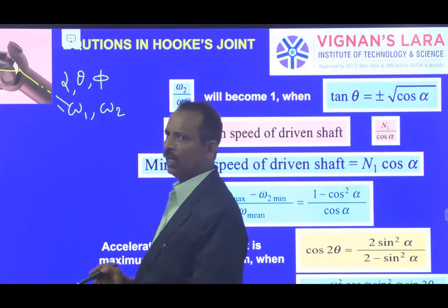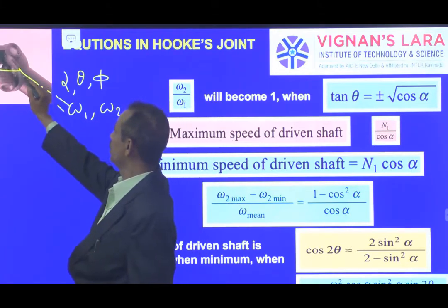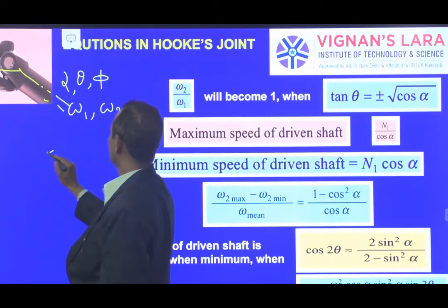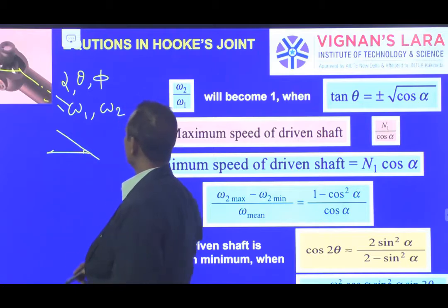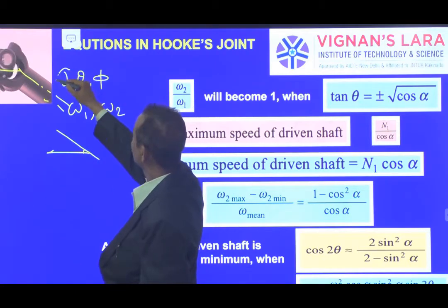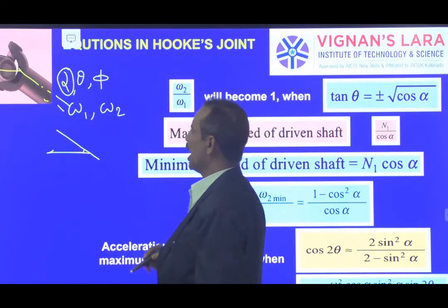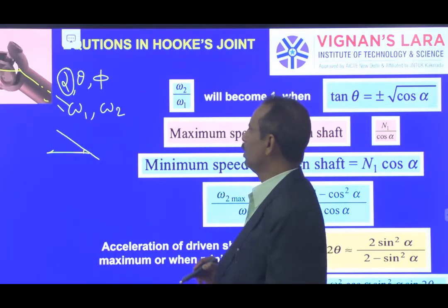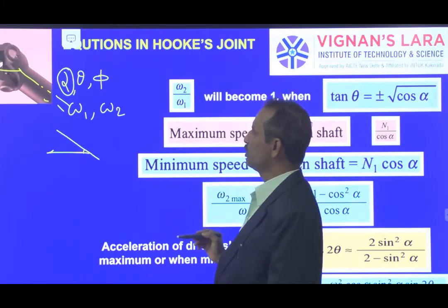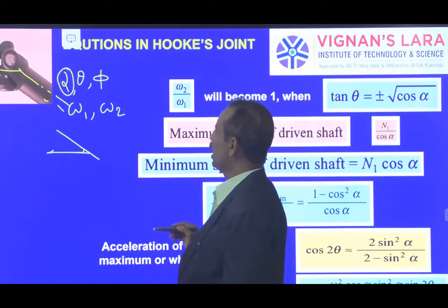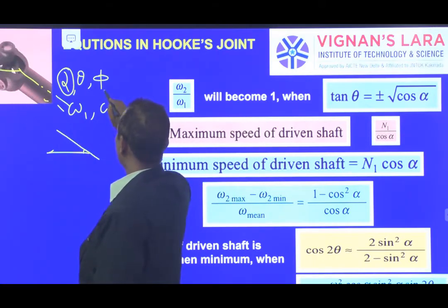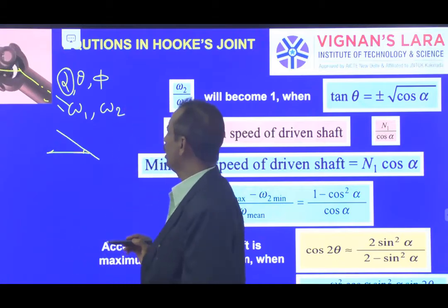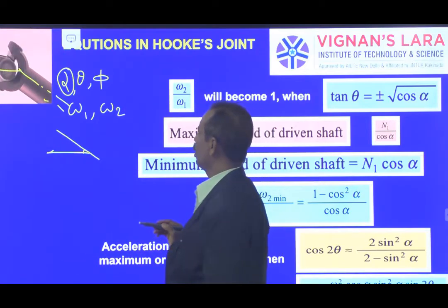This angle of inclination between these two shafts is called alpha. Then what is theta, what is phi? Theta is the angle driven by the driving shaft and phi is the angle driven by the driven shaft.